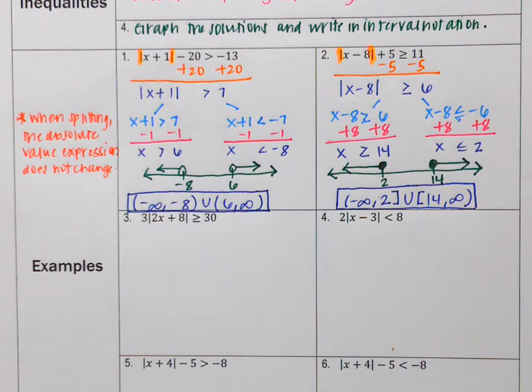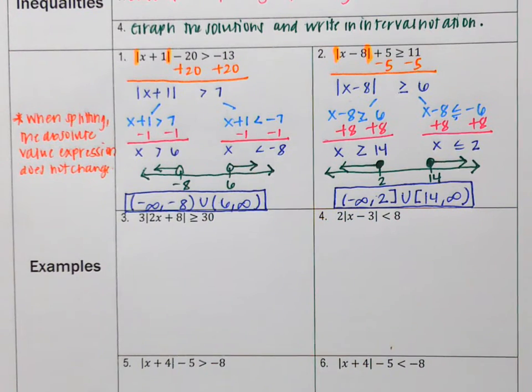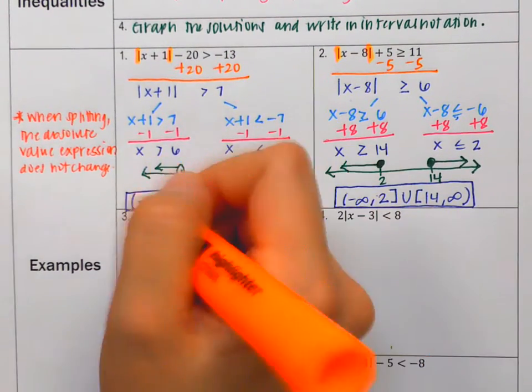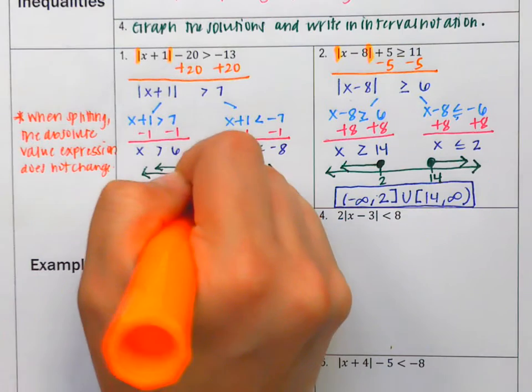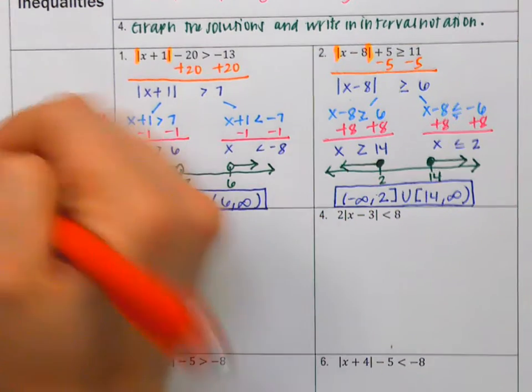So number 3 says 3 times the absolute value of 2x plus 8 is greater than or equal to 30. So again, our first step is always to isolate the absolute value expression. Remember, really important, we talked about this with absolute value equations. Do not distribute. To isolate the absolute value, we actually are going to divide both sides by 3.